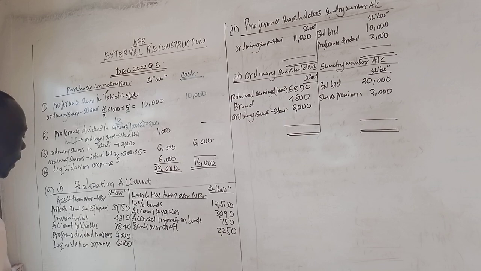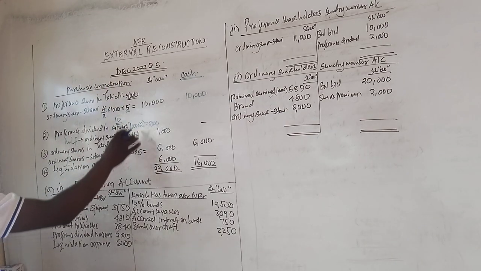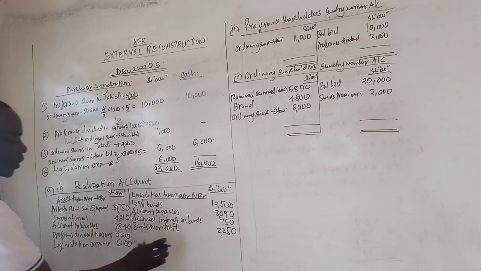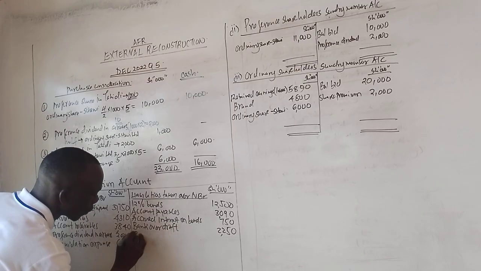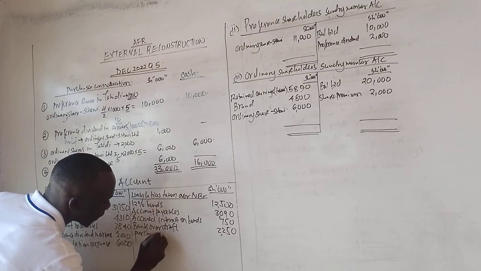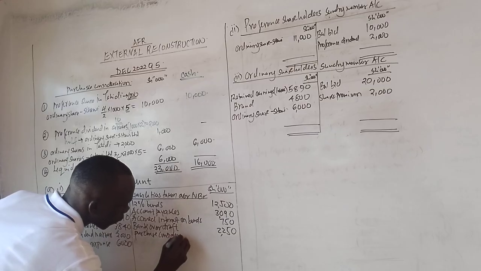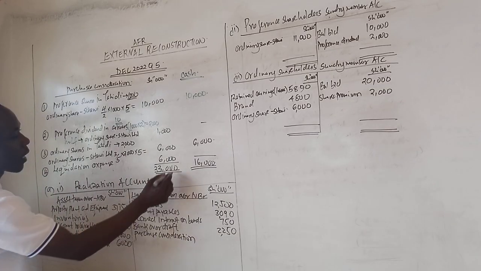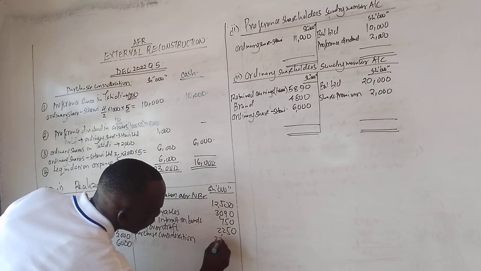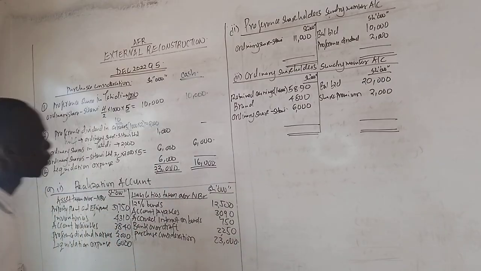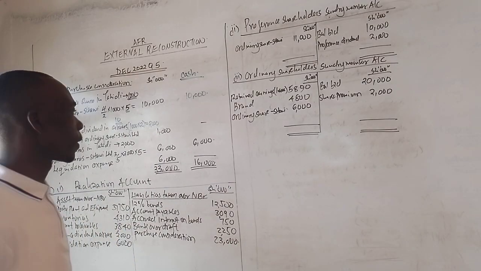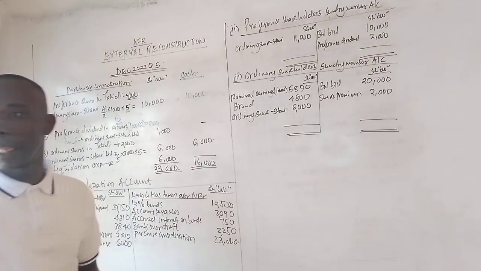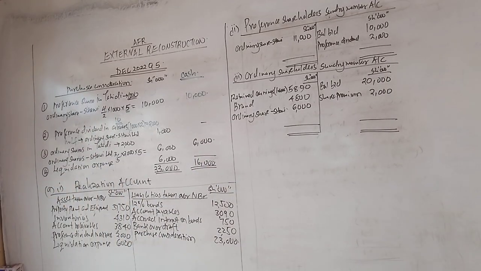Then, nevertheless, we need the purchase consideration. Purchase consideration should be credited in the realization account. The purchase consideration was amounting to 23,000. Then let us see the amount that we will be taking to the realization account from these accounts.